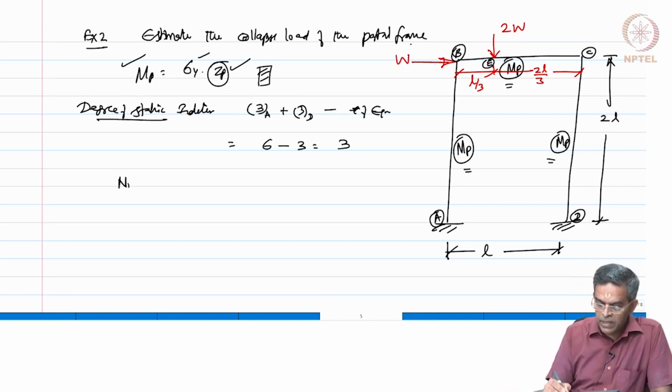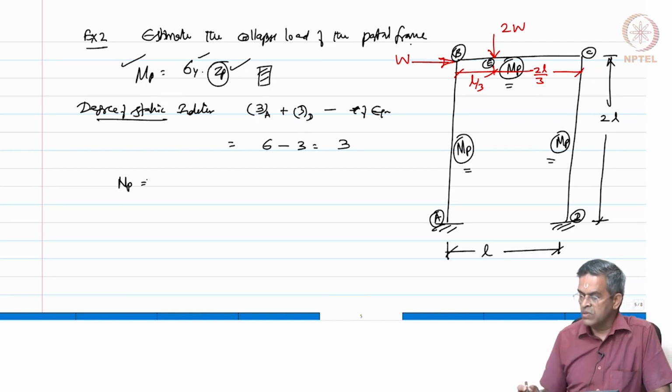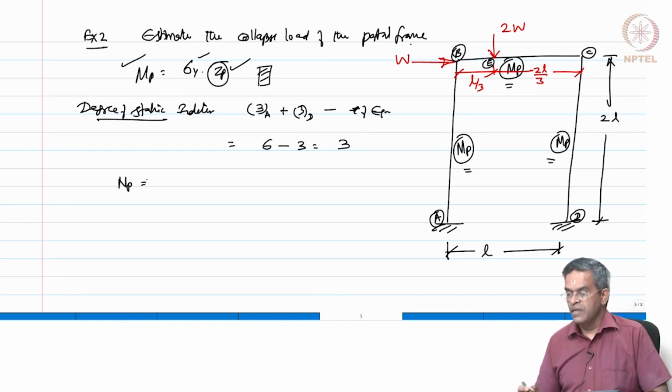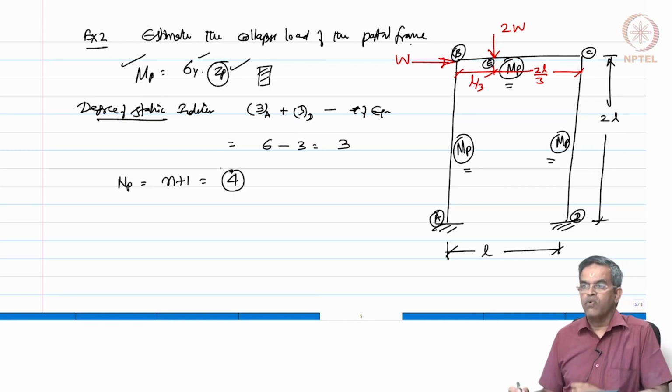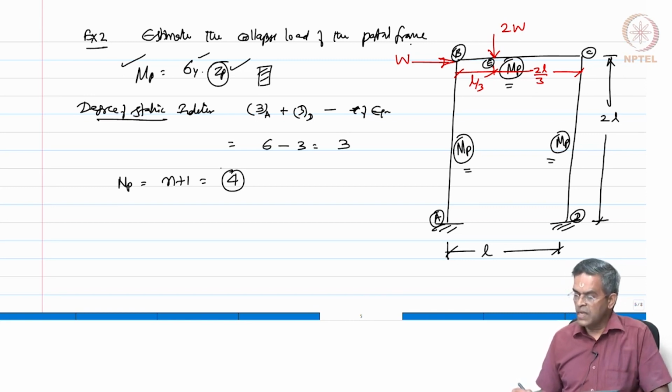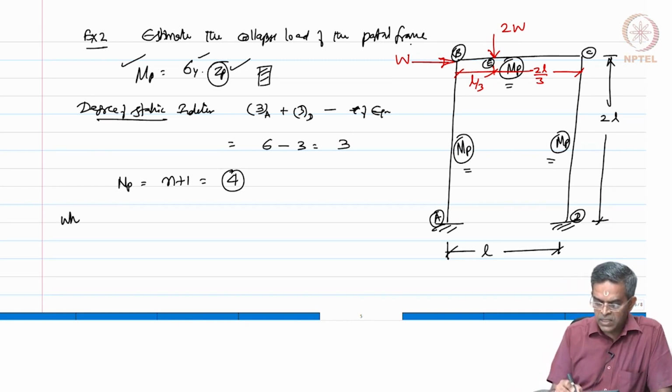So, the number of plastic hinges required to form or to convert this portal frame into a mechanism will be n plus 1, which is 4. So, we need 4 plastic hinges. Let us ask a question, where will these hinges form?